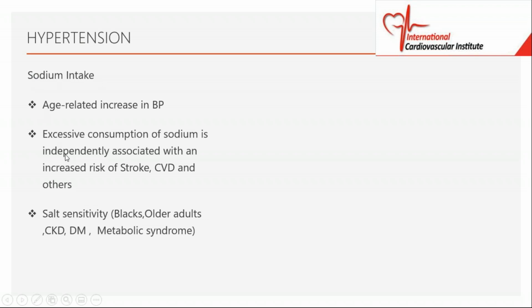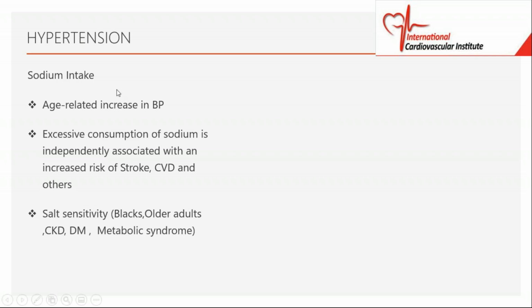This accounts for a significant proportion of hypertension, especially in Black patients. There is excessive consumption of sodium, and it is independently associated with increased risk of stroke, cardiovascular disease, and other cardiovascular problems.